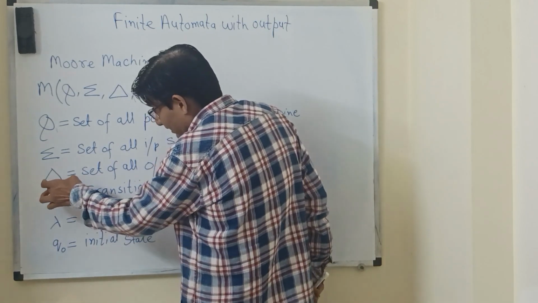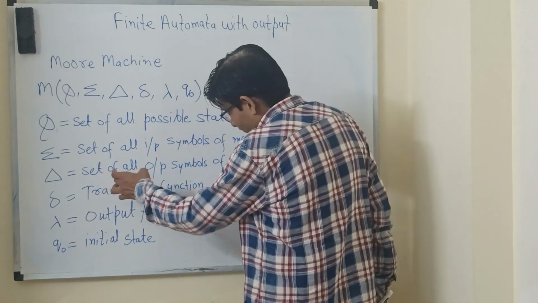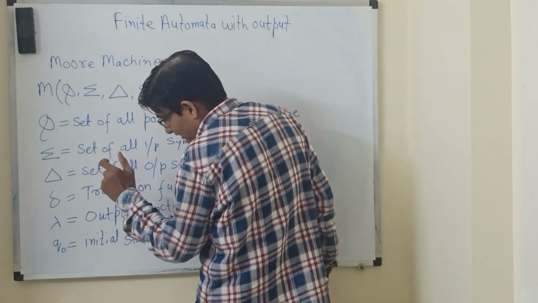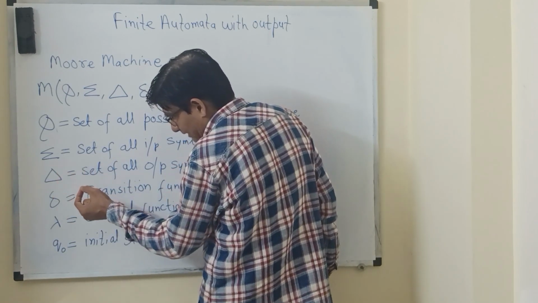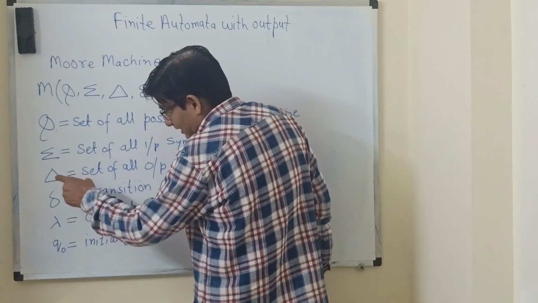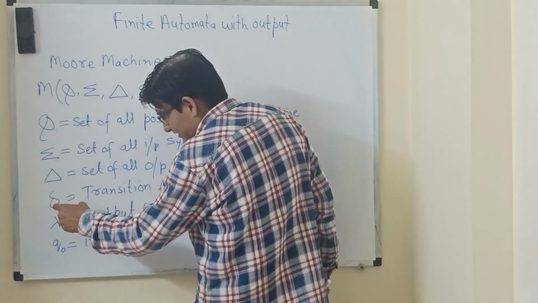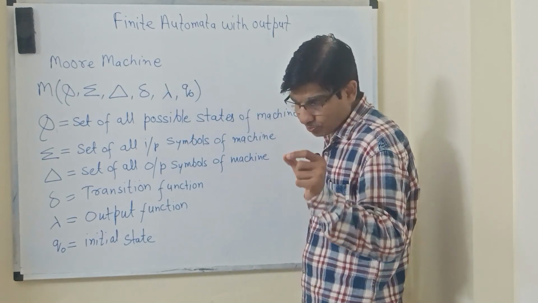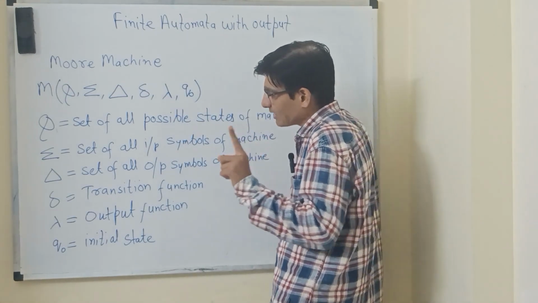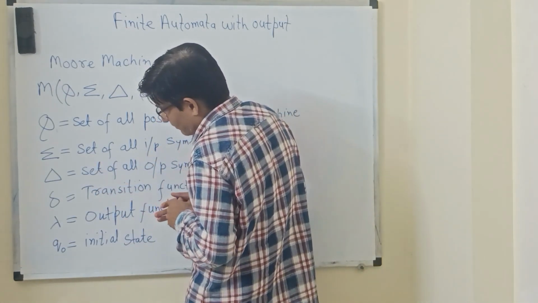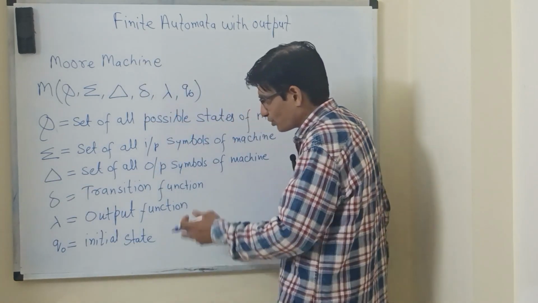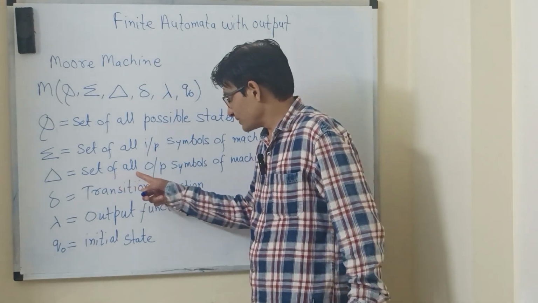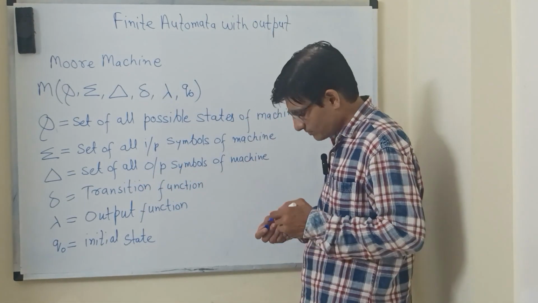And then delta. There are two deltas we are using. In Greek letters, this is known as uppercase delta, and this is known as lowercase delta. Remember the symbol, friends. This triangular shape symbol is used to represent all output symbols of the machine.